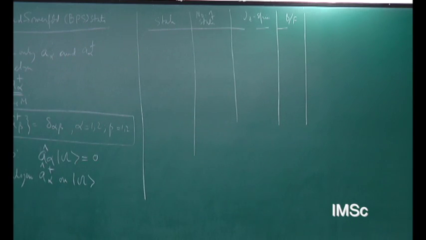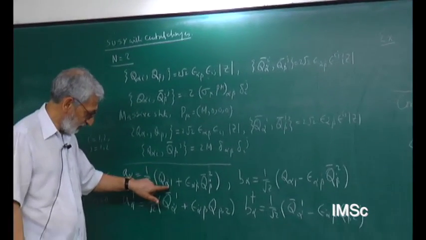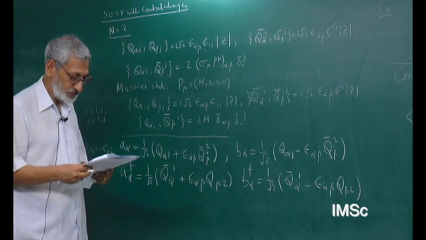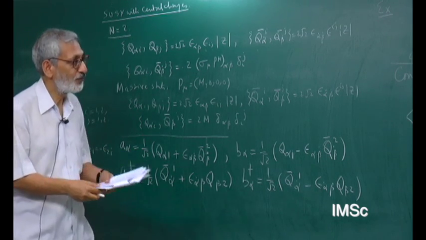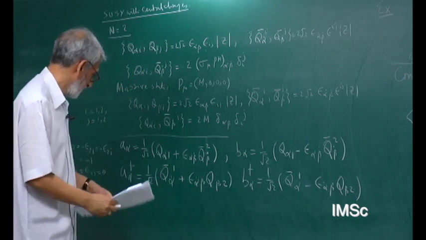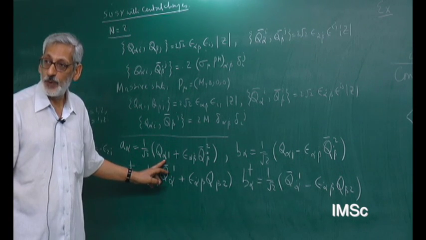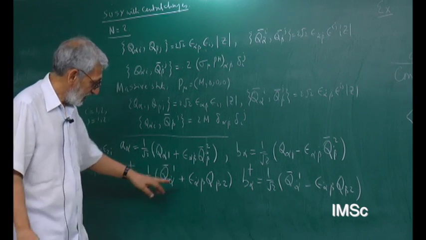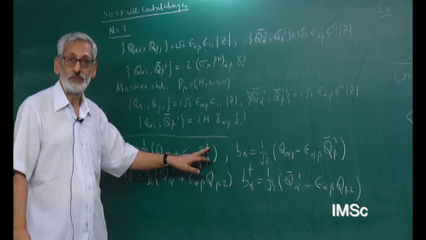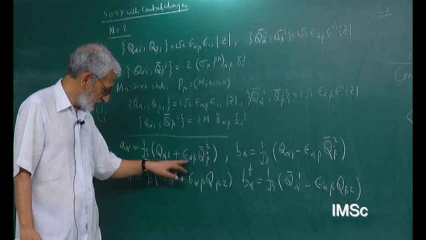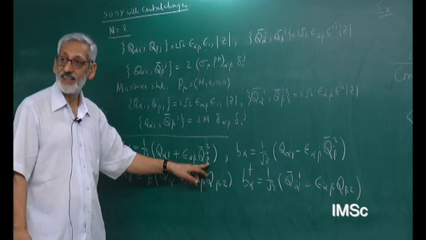Now, there is one more piece of information. Remember, from what we had done earlier, we have realized that Q alpha with alpha equal to 1 raises the Jz spin by half unit, and Q bar dot also raises.